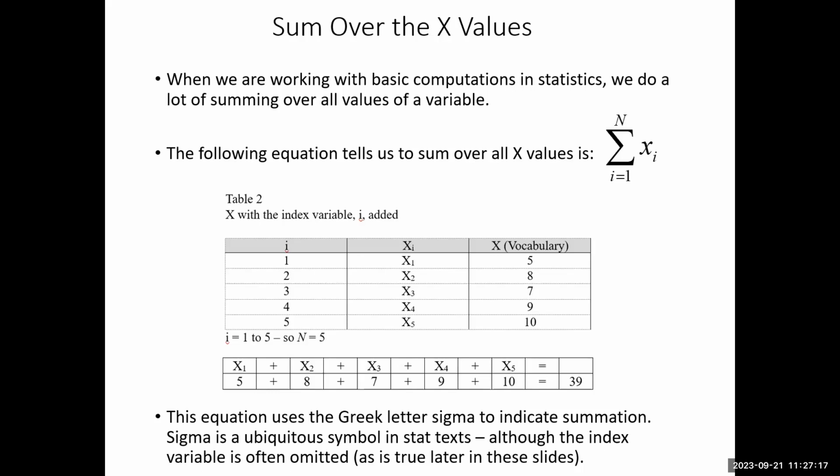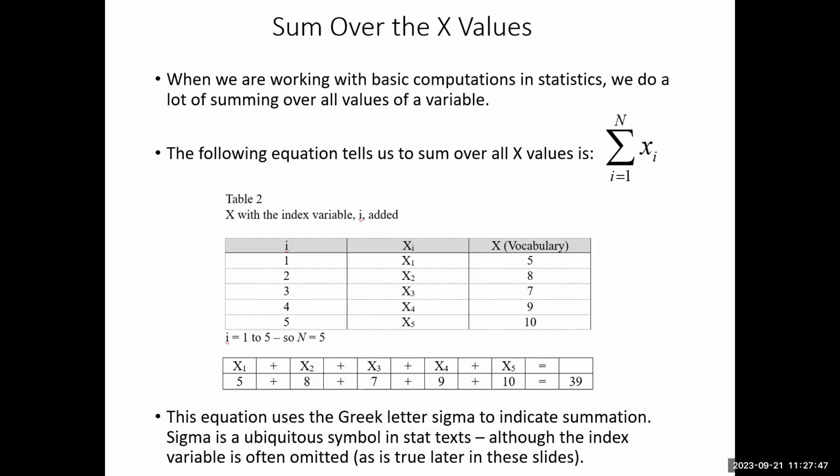So in table 2, the variable on the left is the index variable ranging from 1 to 5. The variable in the center of the table is the x sub I, and then on the right-hand side, we have the actual x values. So in our top row after the header row, we see the index variable has a value of 1.